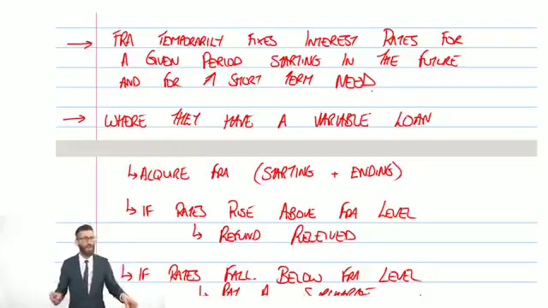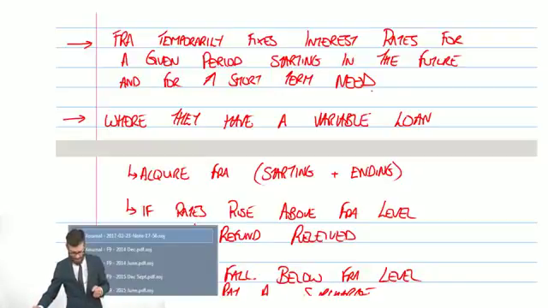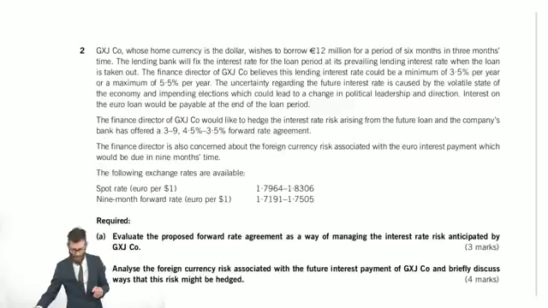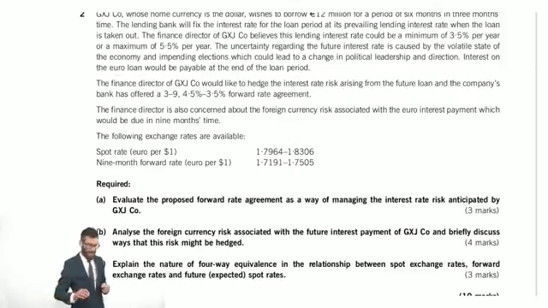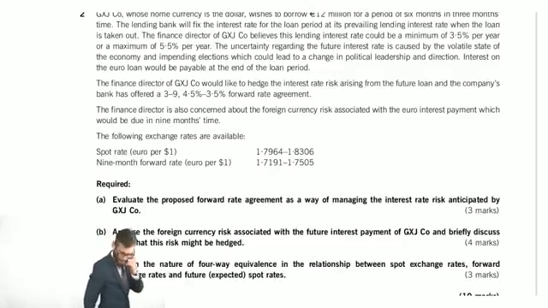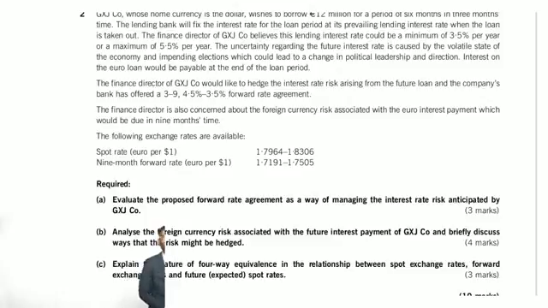Now we're going to extract out here. I just want to show you the FRA. December 15, there is a question here called GXJ. I'd like you to digest that question, please. And I'm going to answer part A. Perhaps all of it, but definitely part A is my reason behind doing this question. Please digest.